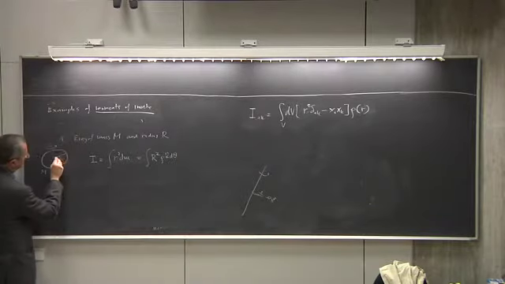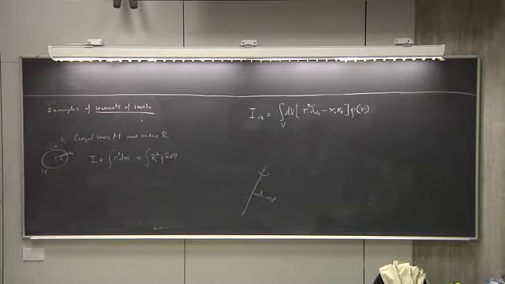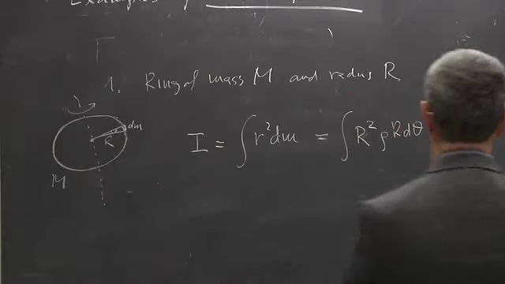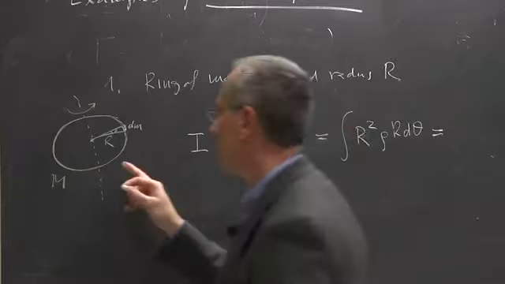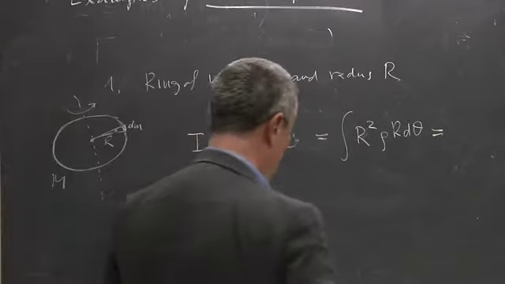Because there is some density of mass, r dθ. So this is the little dm, where this is dθ. Do you like it, or you don't like it, but well, that's life. And now I have to integrate over the volume, but the volume of this thing is sort of trivial. Theta must go from, I don't know, 0 to pi.